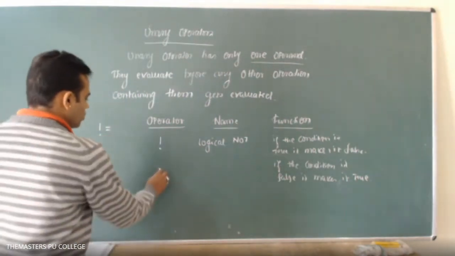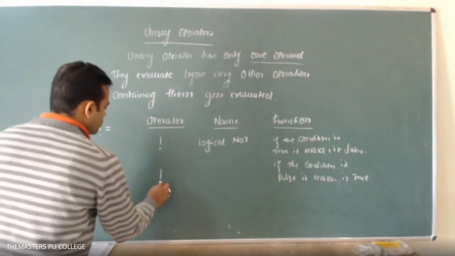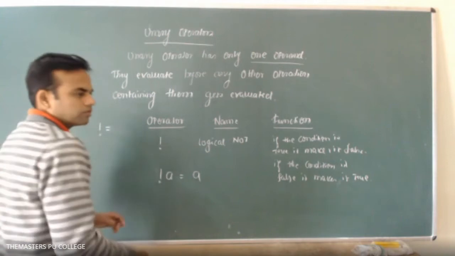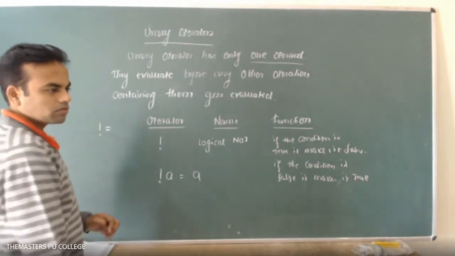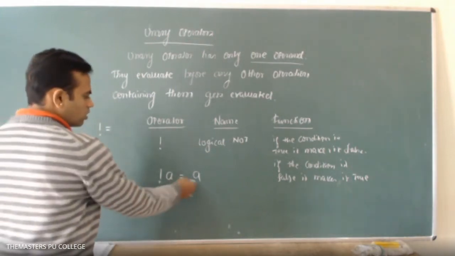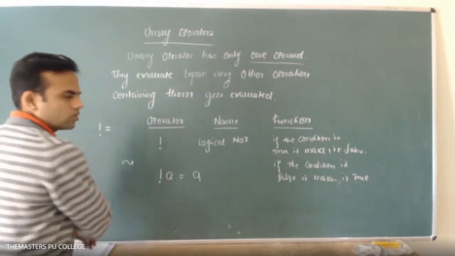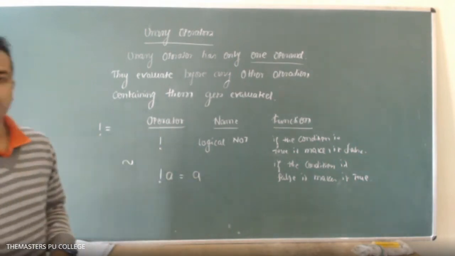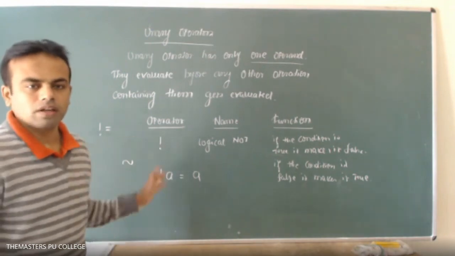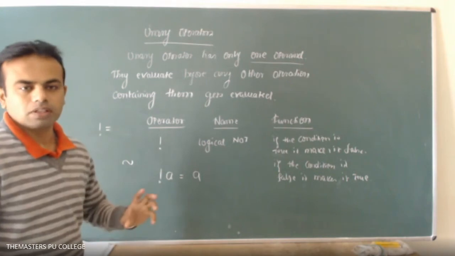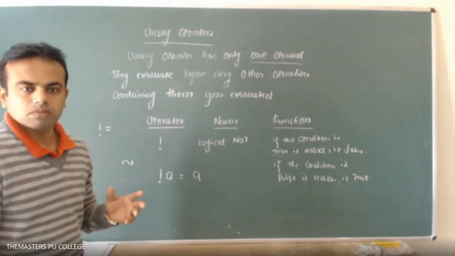Okay, negation, it negates, right? If it is not of A, then it is A. Negation symbol, so you can call this a negation symbol. Where do we use this? Usually in an inverter or UPS.